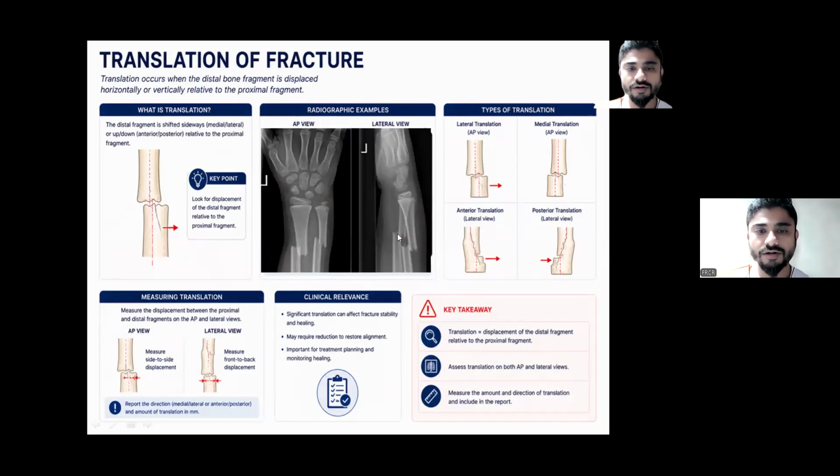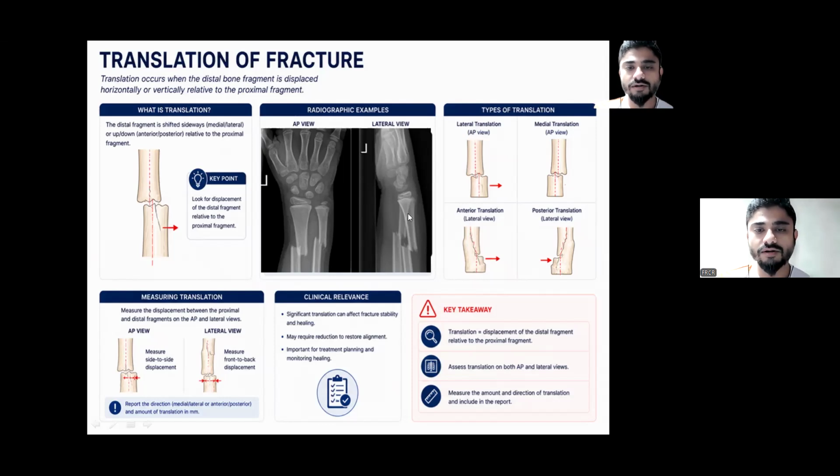On the frontal radiograph, you can see there are fractures involving the distal diaphysis of the radius and ulna. Sorry, you have to always mention in terms of the distal fragment. So there is medial displacement of the distal fractured portion of both radius and ulna.